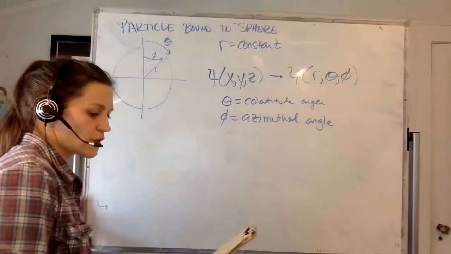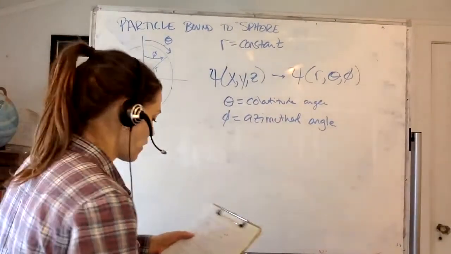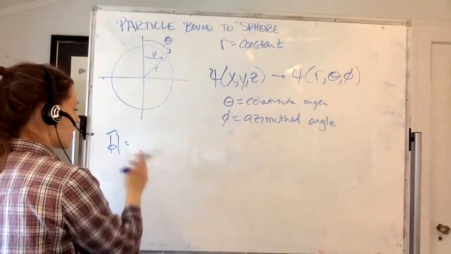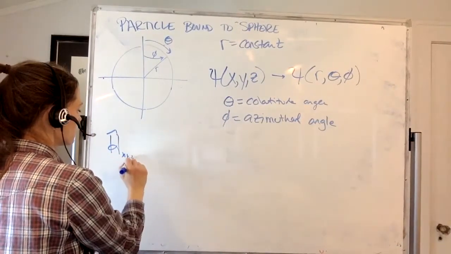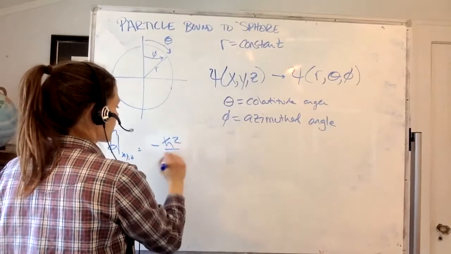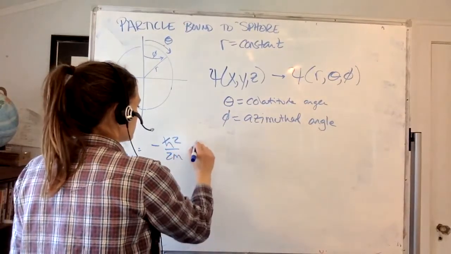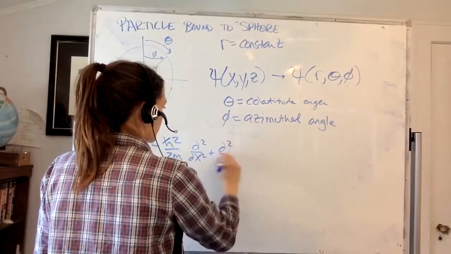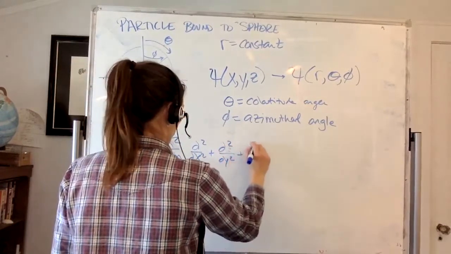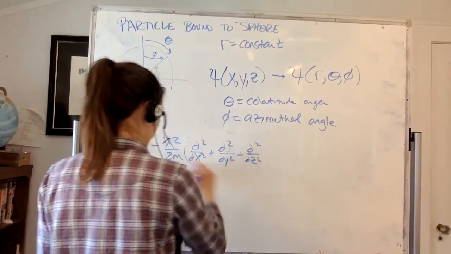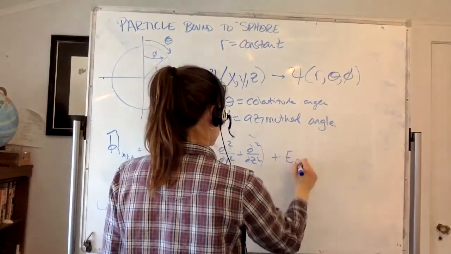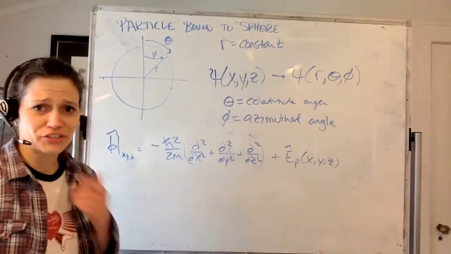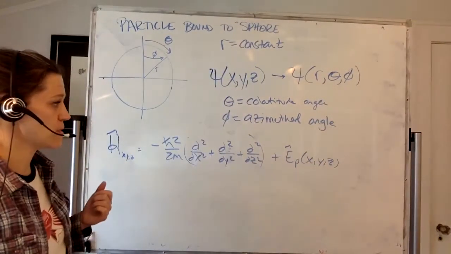All right. So those are the spherical coordinate system, and our Hamiltonian, which for x, y, and z is going to be minus h bar squared over 2m times partial squared partial x squared plus partial squared partial y squared plus partial squared partial z squared, plus whatever our potential energy is in the x, y, and z coordinate system.